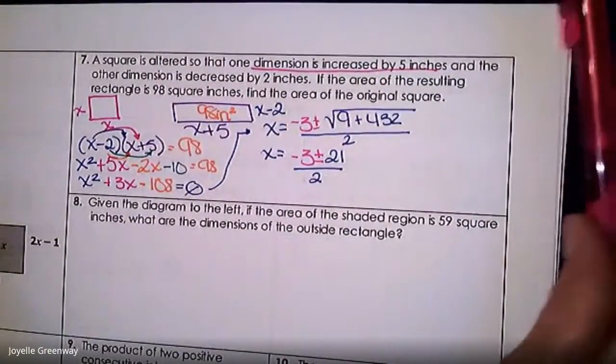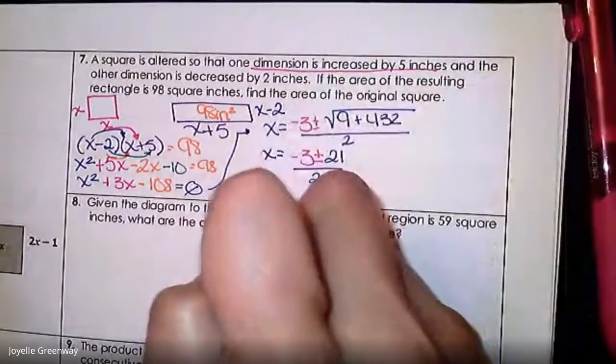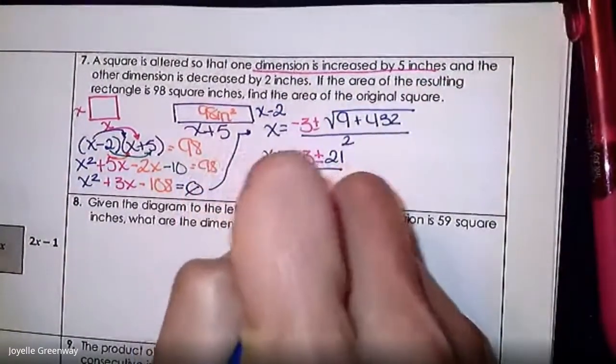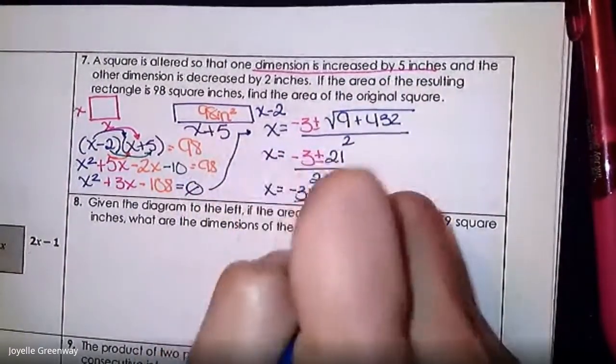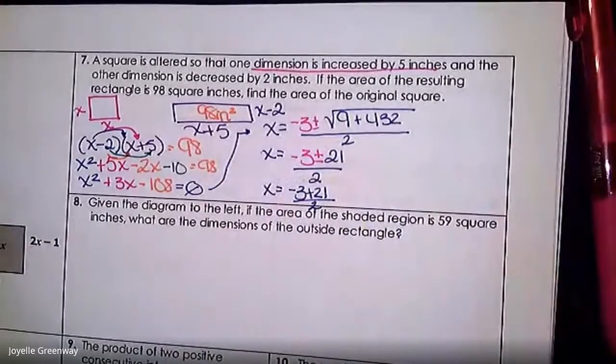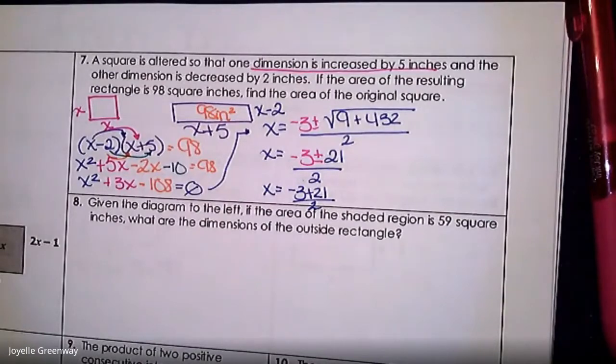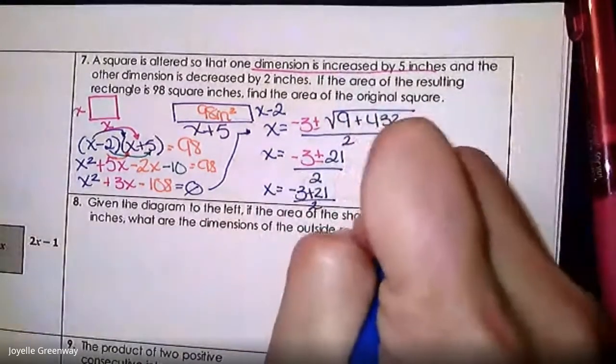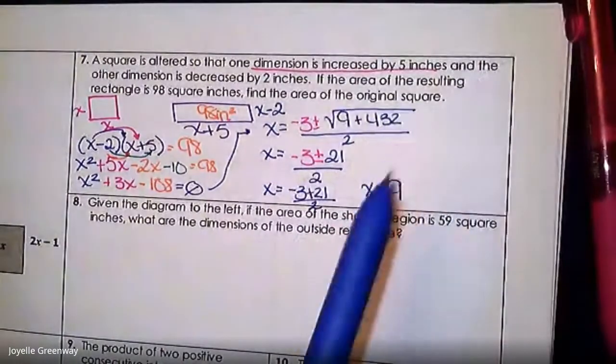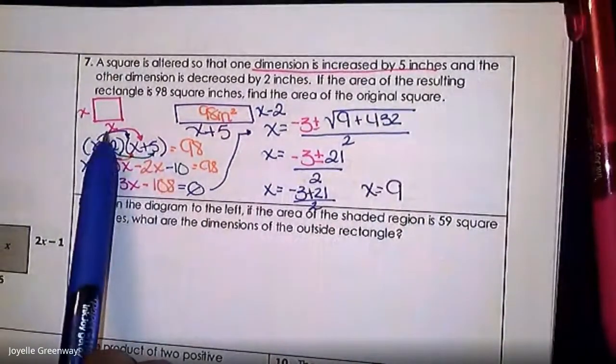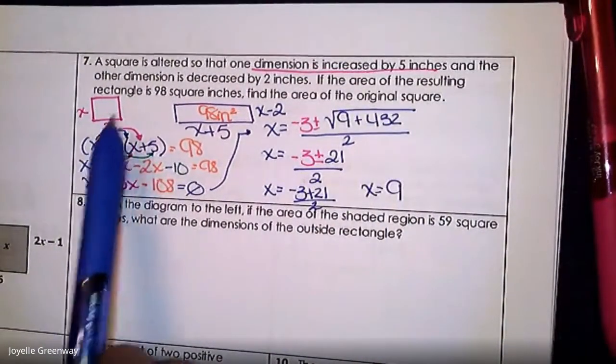So I'm just going to take my positive root there. So I have x is equal to negative 3 plus 21 divided by 2. And I'm going to get 18 divided by 2, which is 9. So that gives you the length and the width of the square.